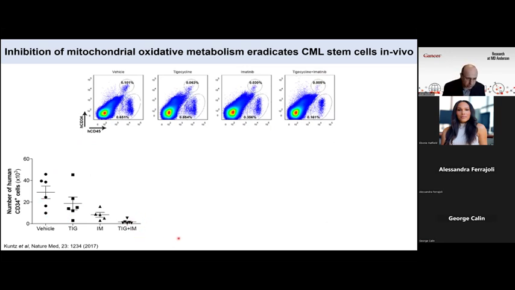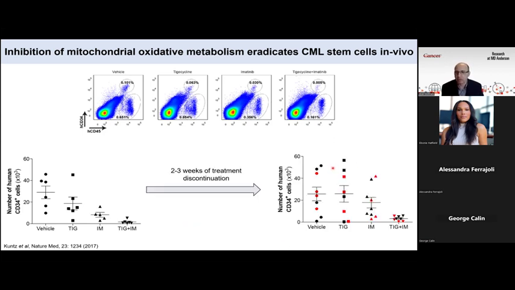Now, the key element, as you remember, was can we actually now put patients, maybe in the future, but right now it's mice, off the drug, off the imatinib. The proof that we eradicated the stem cells will be that there is no recurrent disease after withdrawal of the drug.